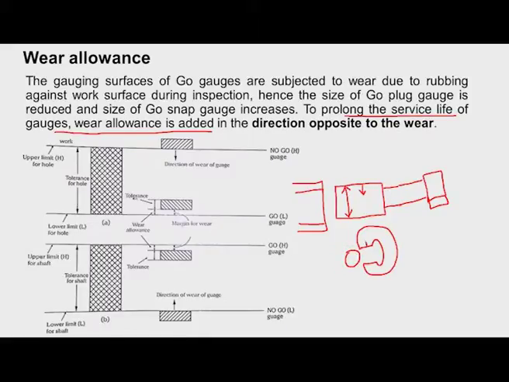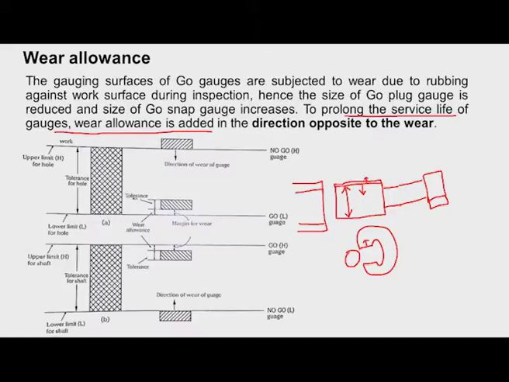So wear direction will be in the opposite direction. So in order to increase the service life of the gauges, we have to allow some wear allowance in the direction opposite to the wear direction.